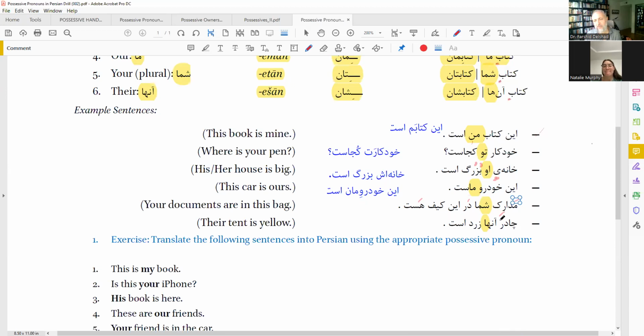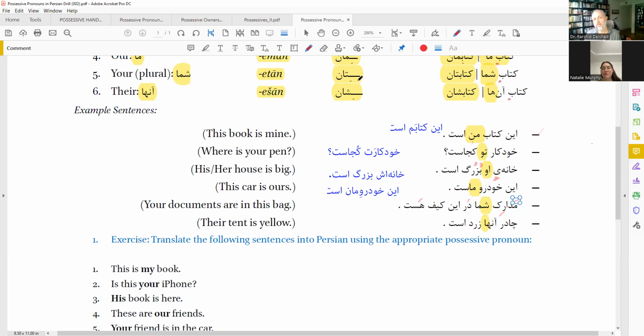So documents of you, your documents, در means in, این means this, kif is the bag. So your documents are in this bag.